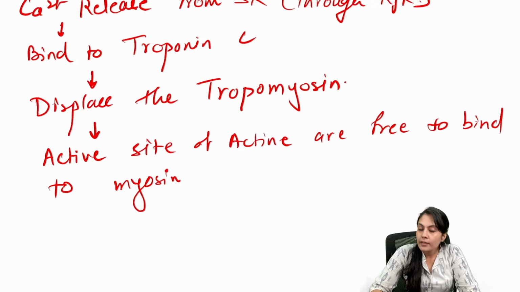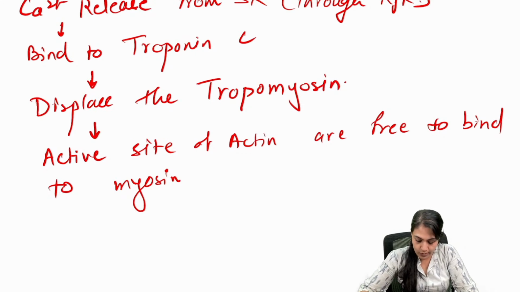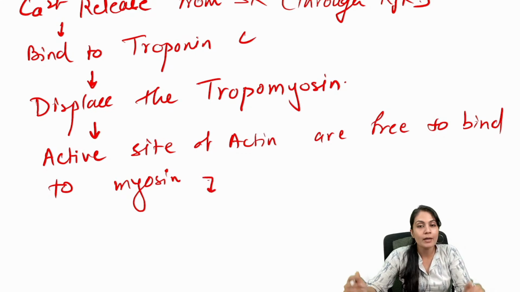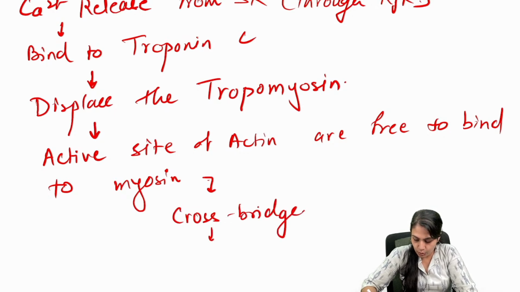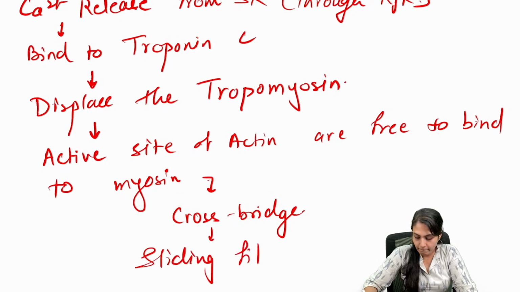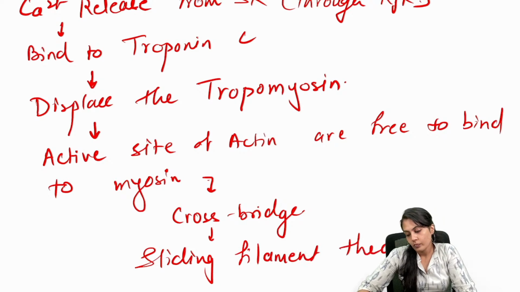So they are going to bind on the myosin, and as soon as the actin and myosin meet together, this is known as cross bridge cycling. The cross bridge cycling will start, right? And that will lead to the sliding filament theory, which will lead to contraction, that we are going to discuss tomorrow.